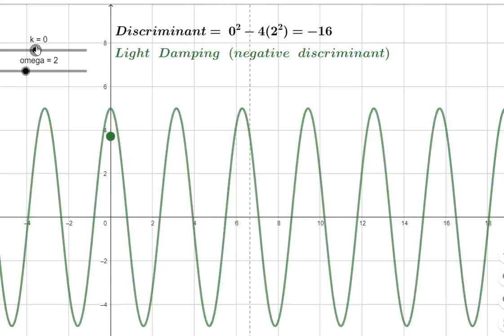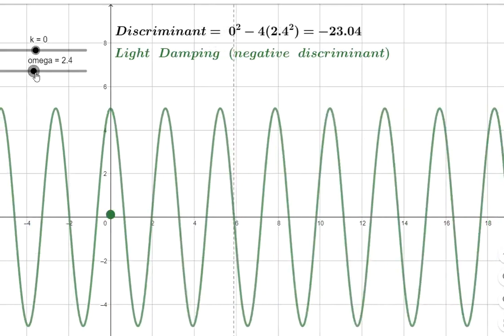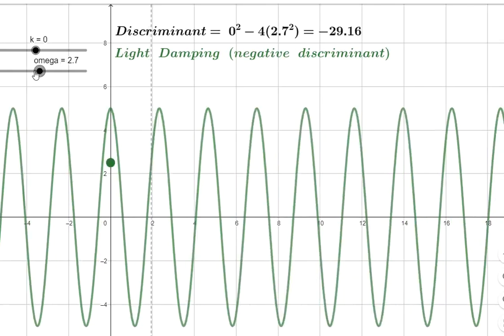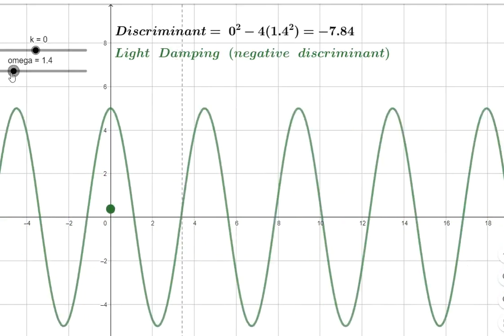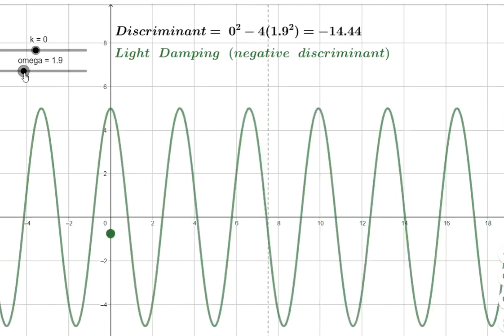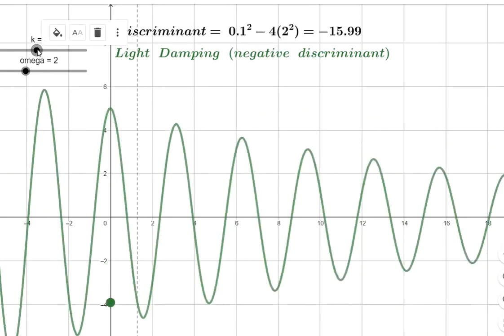So you'll notice there's an extra element here, apart from the omega, which represents the angular velocity, which will affect the rate at which the object oscillates. Other than that, there's another term in here, k. k represents the force of, for instance, air resistance, something which might affect the size of the oscillations.